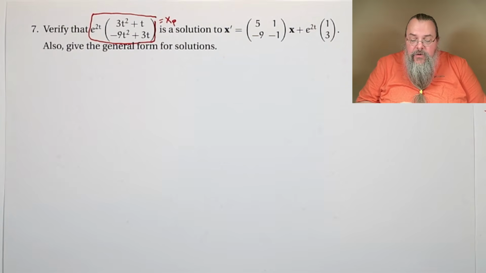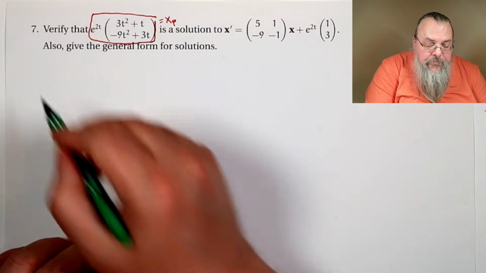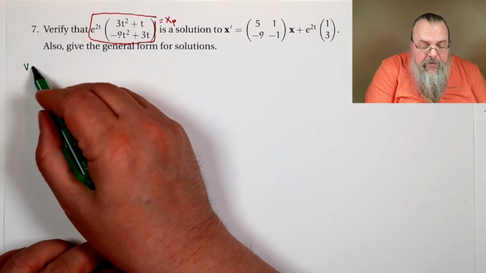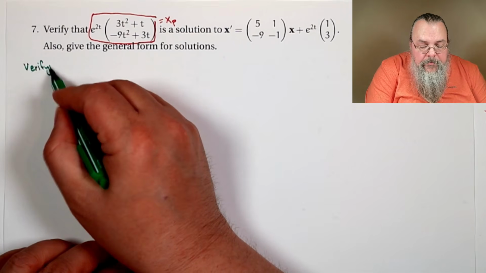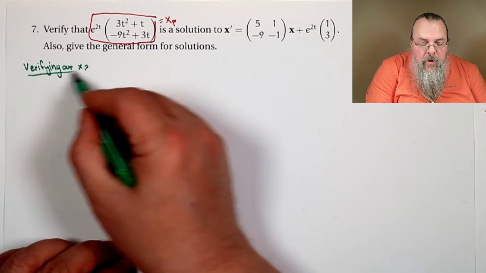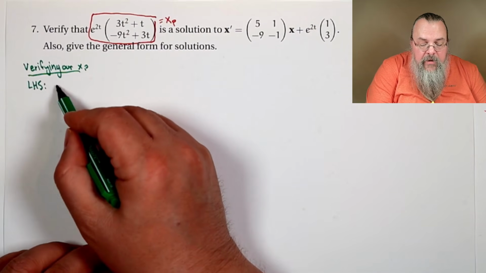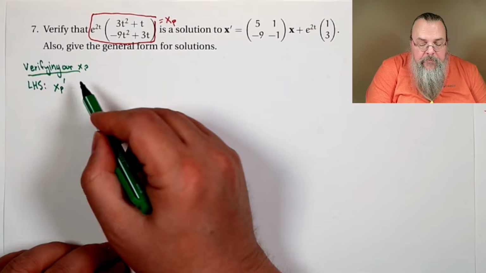And we say, okay, so let's start by verifying. Well, we have to plug it into both sides. So we're verifying our XP. Okay, so the left-hand side, that's XP prime.